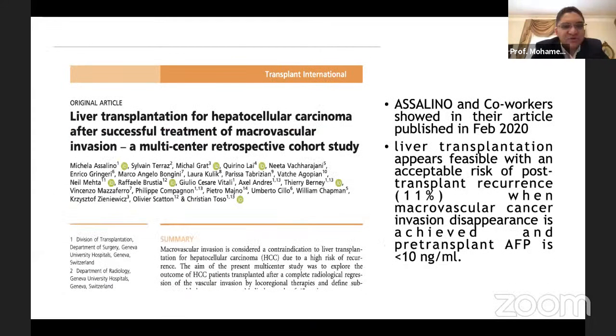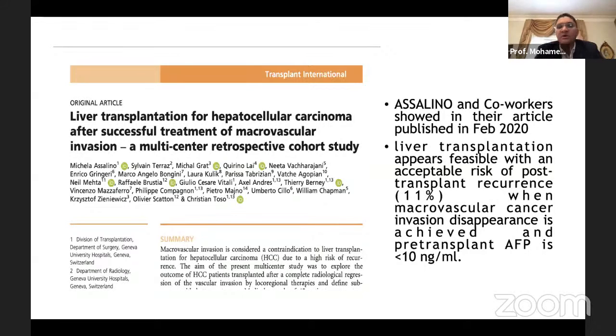As we show in this systematic review article done by Asiliano and coworkers, published in 2020, liver transplantation appears feasible and acceptable with a recurrence rate after transplantation around 11%.